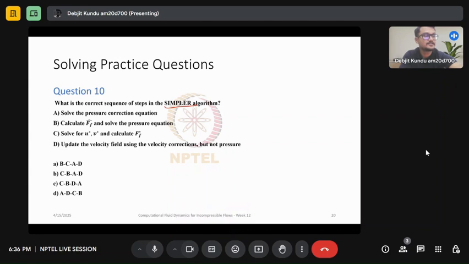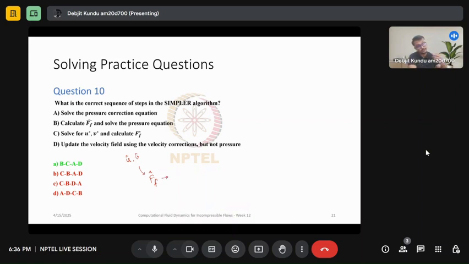Okay, so let's take a look at the solution. It's actually BCAD. First of all, we find u hat, v hat and so on, then we find the convergence measure and use it to solve the pressure equation.